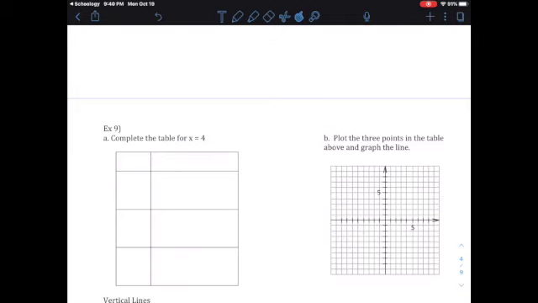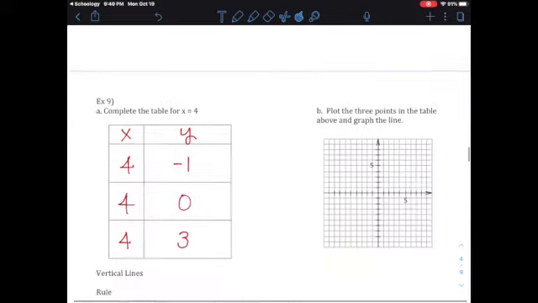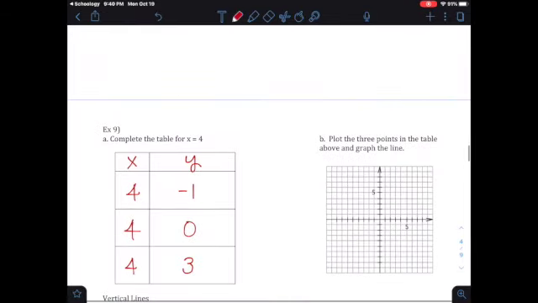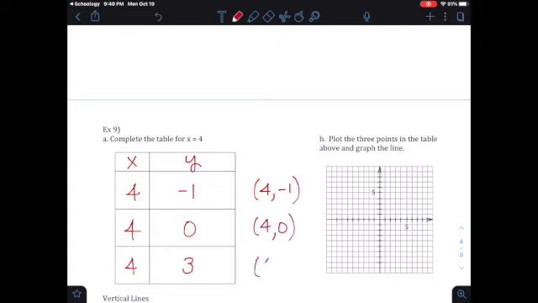So now, if you go on to look at the next one, we are going to plot x equals 4. That means, again, X right here, y right here. That means your x is always 4. And the y is going to be, I can do -1, I can do 0, I can do 3, I can do 5. Okay? And then if you plot them, let me write it in ordered pairs. (4, 3).